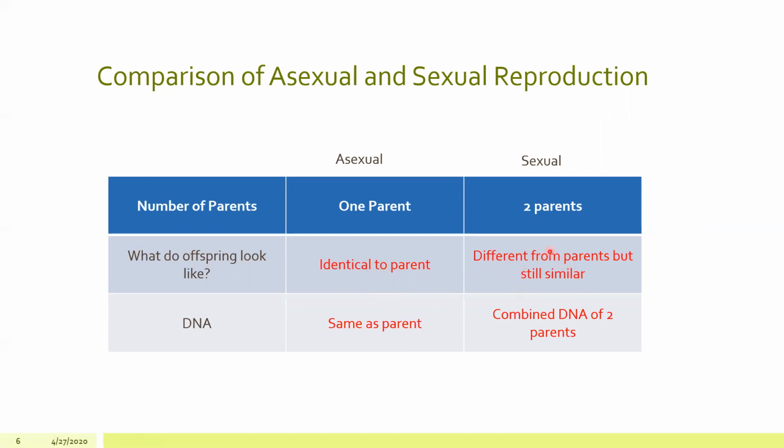Whereas if I have two parents, I have half coming from dad and half coming from mom, and I can make a brand new organism in the same species, right? And that's why we look similar to our parents, but not exactly alike. And if we look at the DNA, this is exactly the same, whereas this is combined from two different parts, right? Okay.